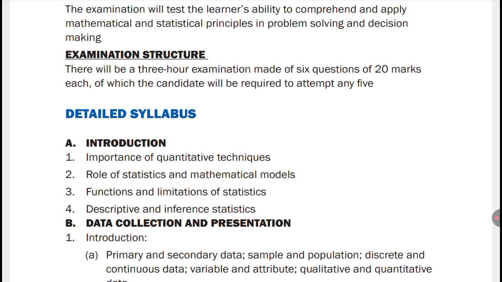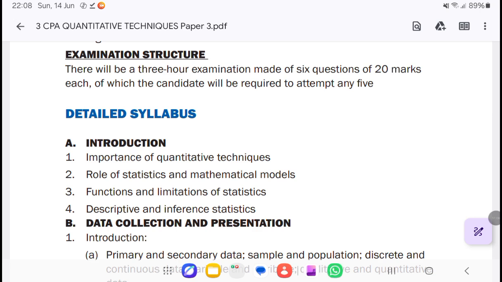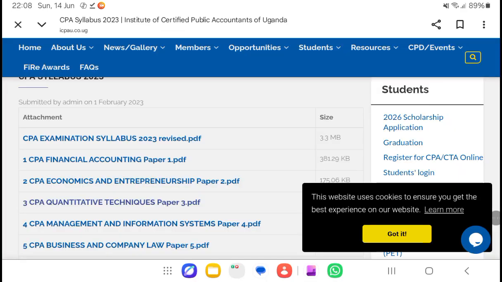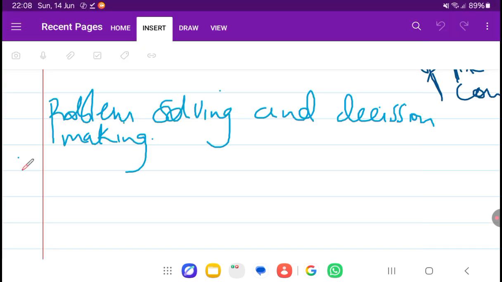So let's look at the key things that we can talk about as far as this is concerned. Let's try and look at the introduction to statistics.